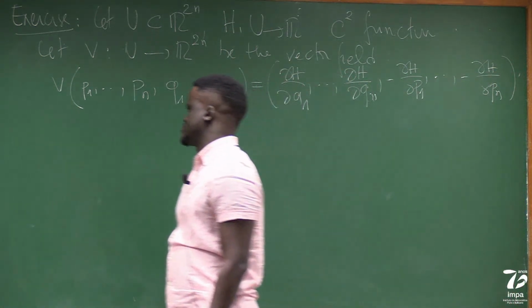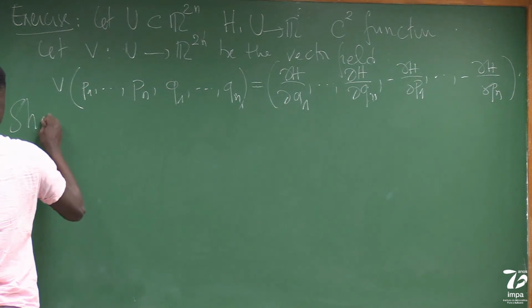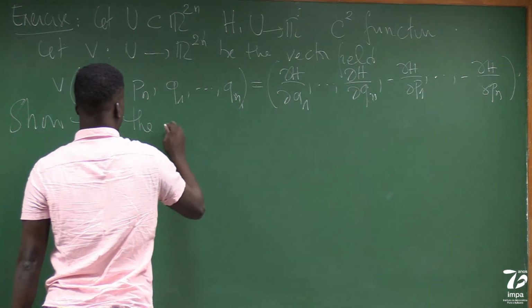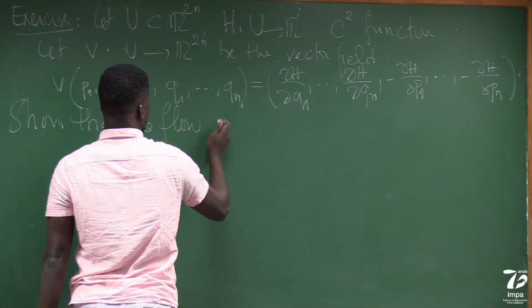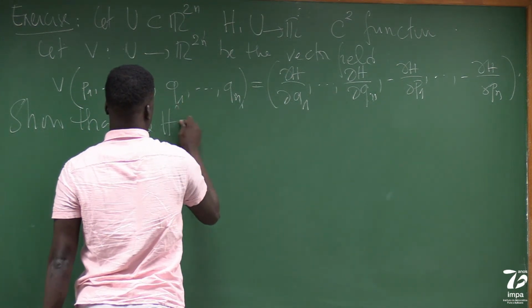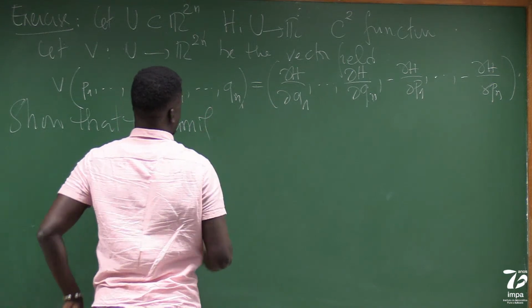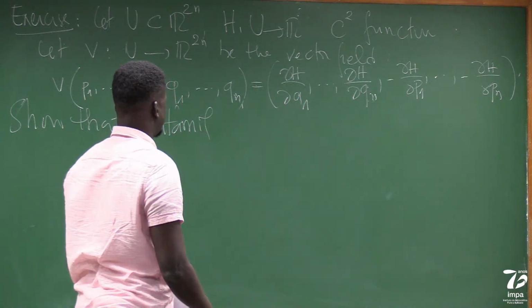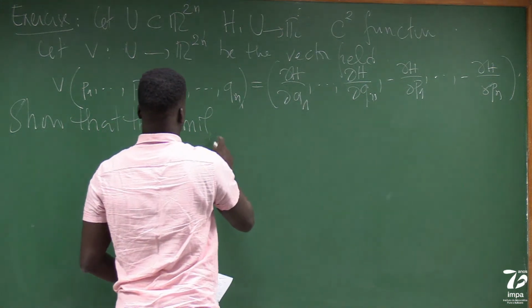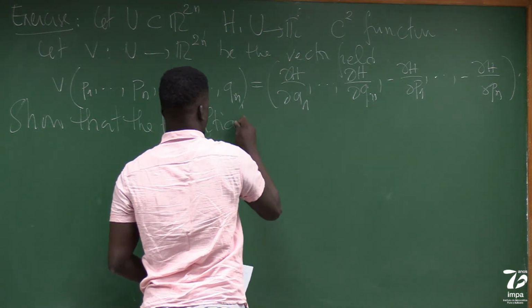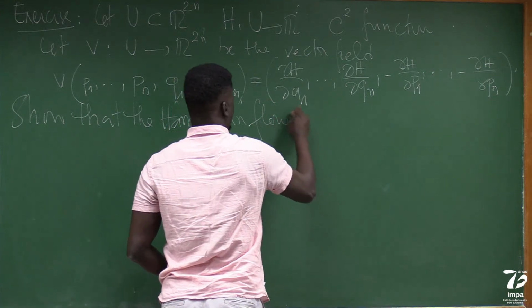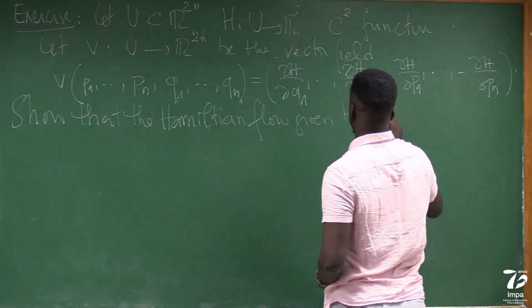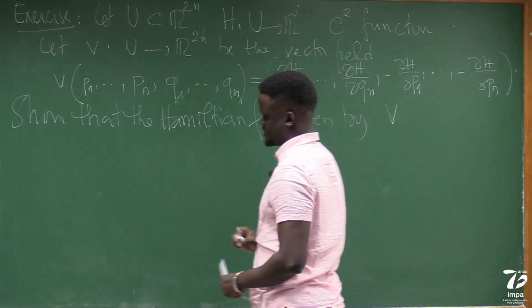So show that the flow given by V preserves Lebesgue. It's called a Hamiltonian flow because the vector field comes from a Hamiltonian function.